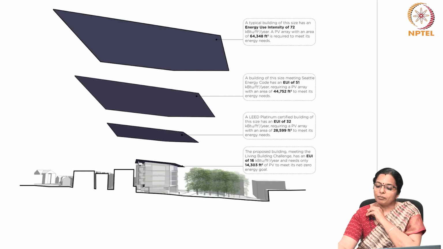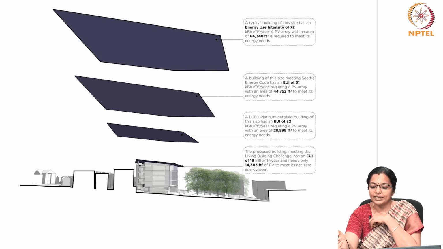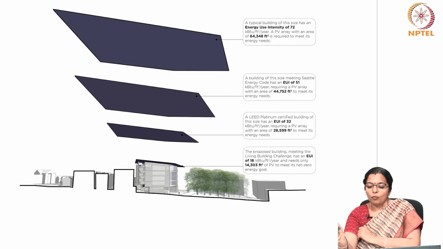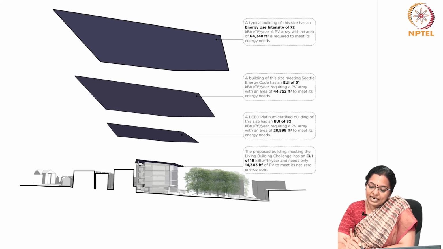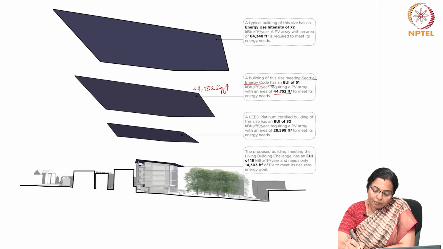So, a typical building of this size will have an energy use intensity of 72, whereas a PV array with an area of 64,348 square feet is required to meet the energy use intensity of a typical building. A building of this size, in order to meet the Seattle Building Energy Code, requires 44,752 square feet of solar PV panels.